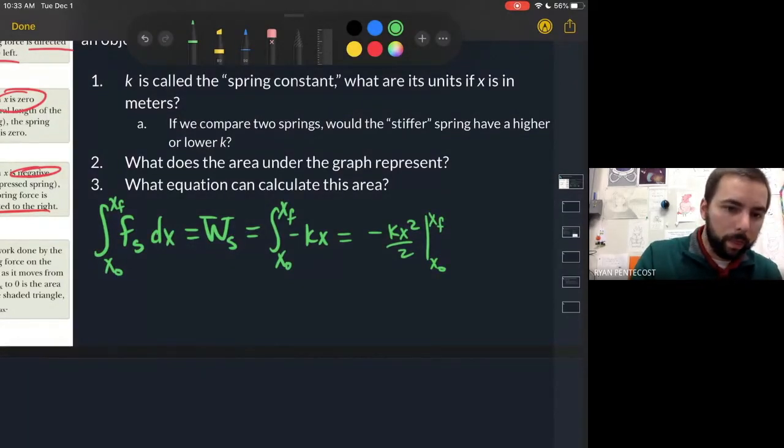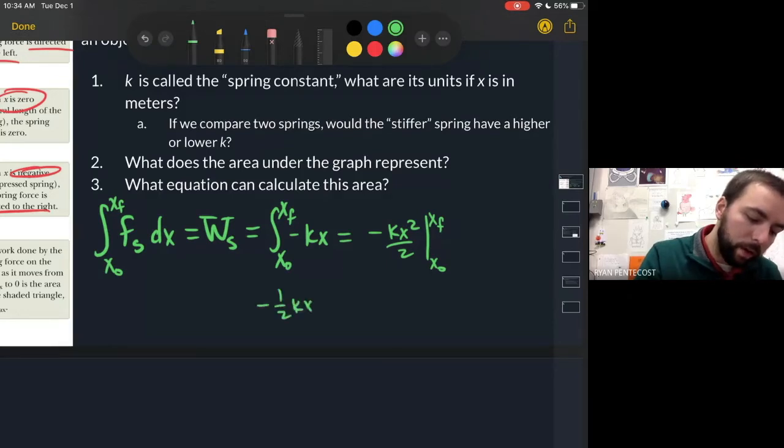Now, what we'll do here is plug in our final minus our initial, right? So we'll actually call this 1/2 kx squared. That over 2 is going to become a 1/2 in a second. So we will say this is negative 1/2 kx final squared minus negative 1/2 kx naught squared, right?